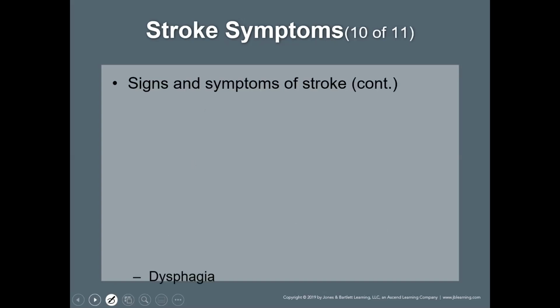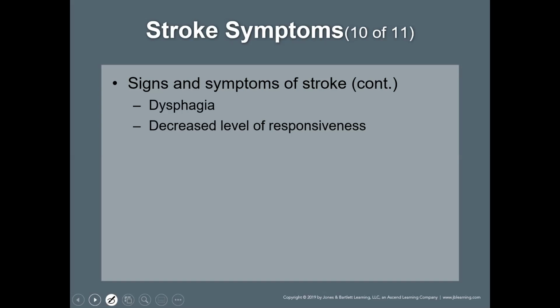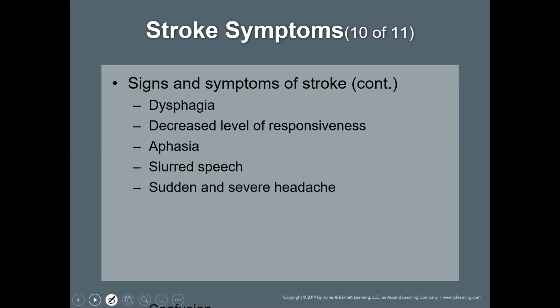We can have dysphagia. Dysphagia is difficulty speaking, decreased level of responsiveness. Aphasia, inability to speak or make sentences that actually work. Slurred speech, sudden and severe headache, confusion, dizziness.